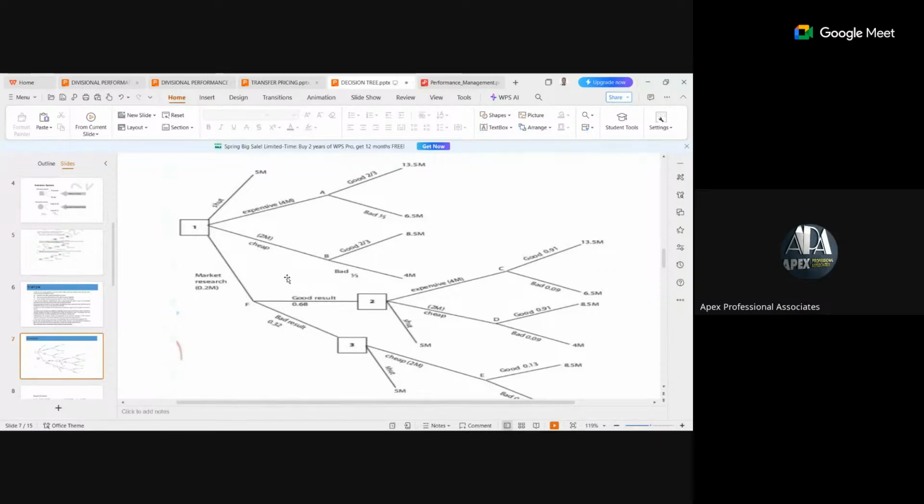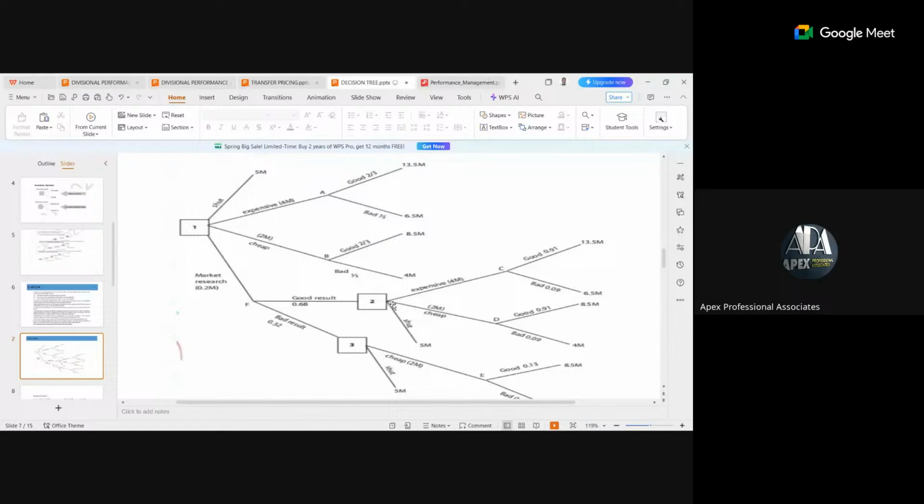So the outcome is good. If the outcome is good, you make a decision. You make decisions either to go with expensive refurbishment, to go with a cheap refurbishment, or to shut down.